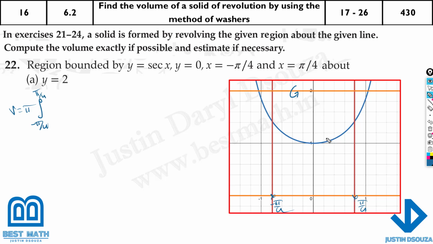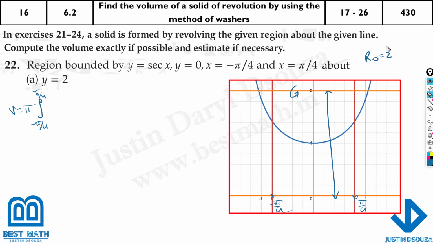And what else? Now you need to see, this is the axis. What is the rotation exactly? What is the outer radius? What is the inner radius? Here, from this line, y is equal to 2. This entire thing has to be rotated, right? How much is it? It's 2. So r outer is 2. That's easy to get.